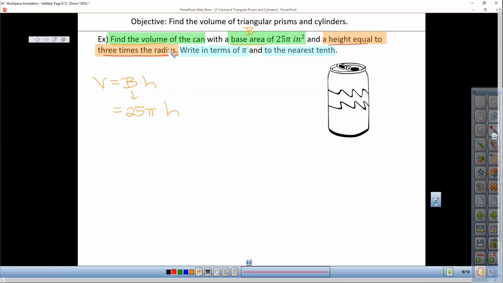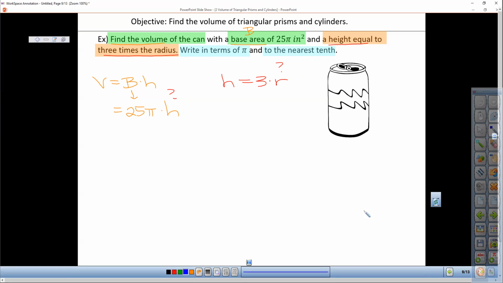But then we go looking for the radius and we see nothing mentioned here. No numbers at all in our picture over here for radius. Nothing else said about the radius. But we do know that the height is 3 times the radius. So the question now is, well, what's the radius? So we can figure out this height that we need for volume.